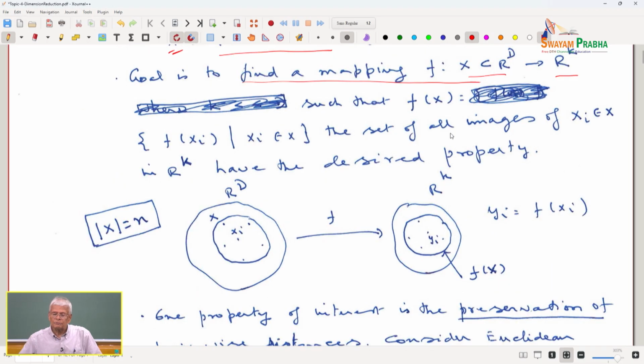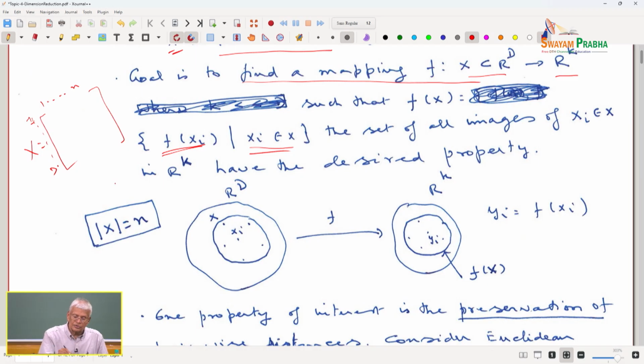So, f is a function that maps R^D to R^k. I am interested in the images f of xi, where xi belongs to the capital X. You can think of capital X to be a matrix where the row dimension is 1 to capital D, and there are n points, there are n columns in X. Pictorially, X is a subset of R^D. xi is a typical member of the subset. yi is the image of it.